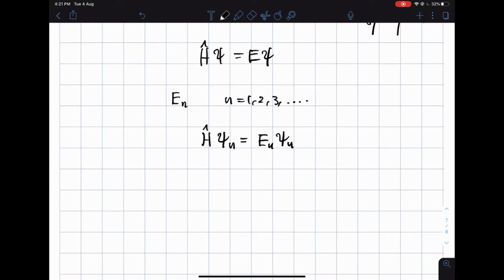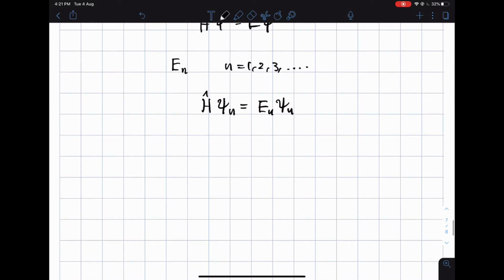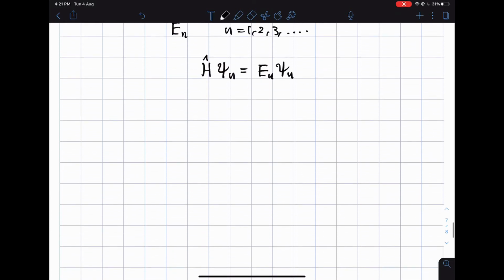Now, because the Schrödinger equation is a linear equation, we know that if we have two solutions of the equation, their linear combination is also a solution.